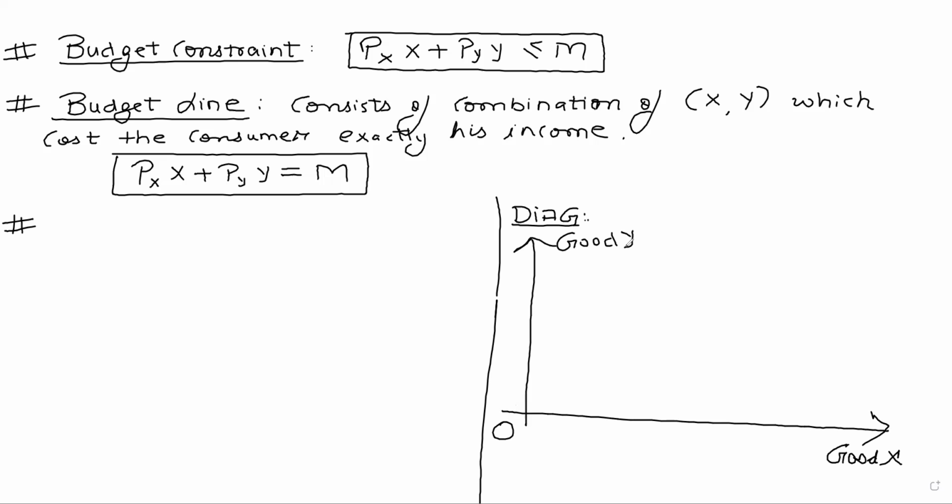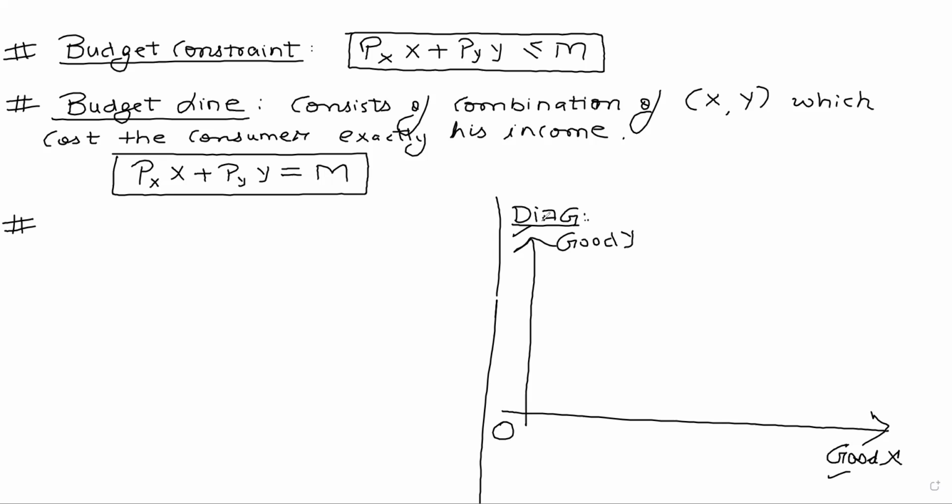But in my lectures, I will be following the standard notation. Usually we take good X on the horizontal axis, good Y on the vertical axis. Okay, but understand our concepts and our analysis will not change if I switch the axis. That means if I take good Y here and good X here, it is not going to make any difference in terms of conceptual understanding.